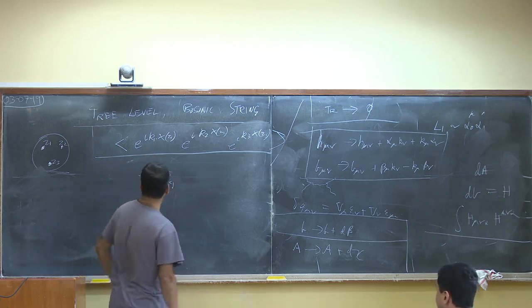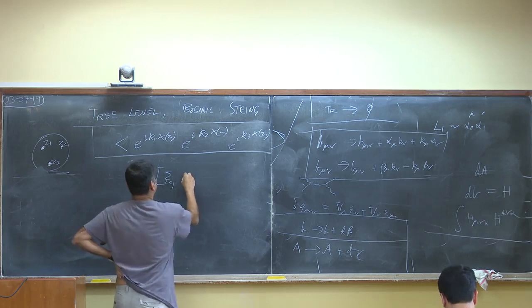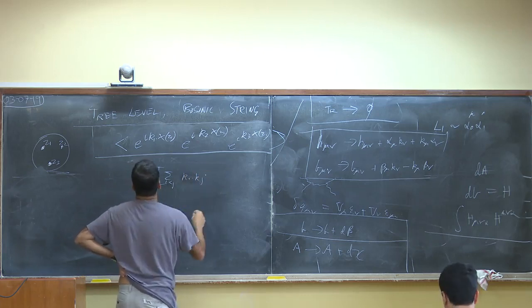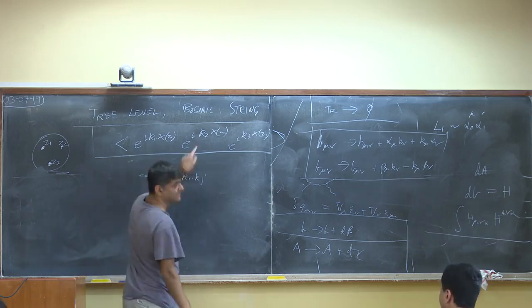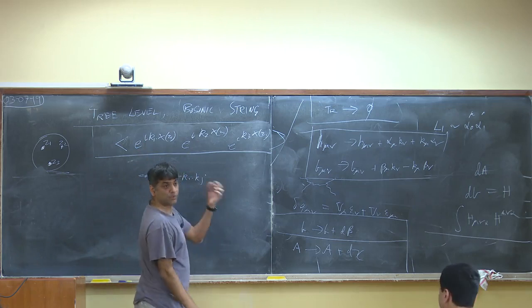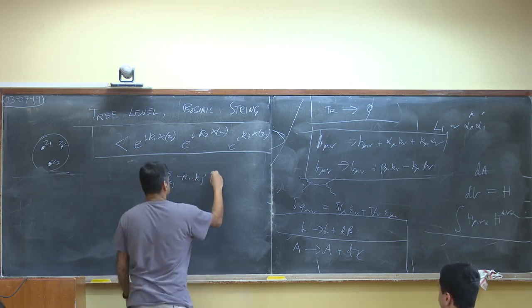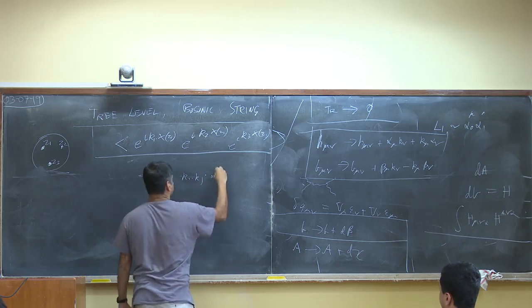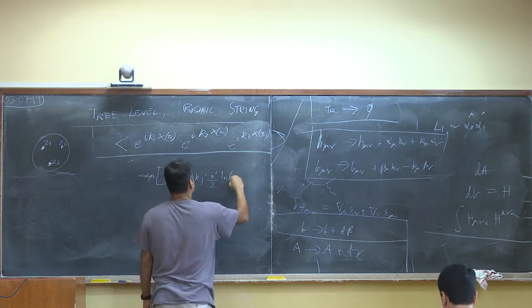I just want it pairwise, and each pair will come with a ki dot kj, with a minus sign because of the i squared, and with a 2-point function, which is minus alpha prime by 2 log of z_i minus z_j.